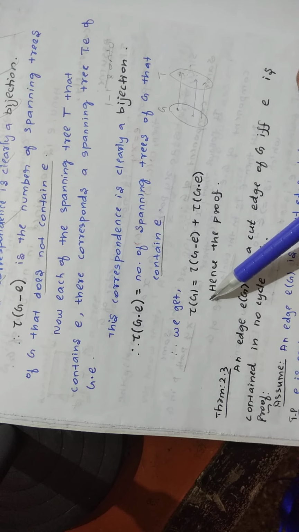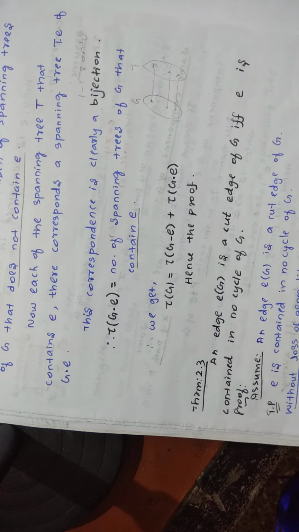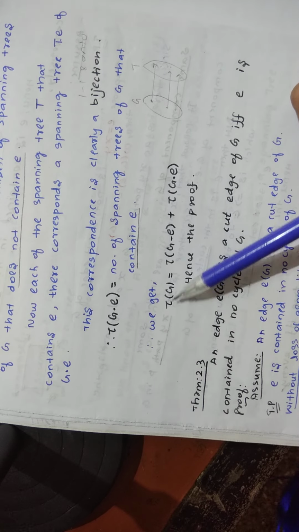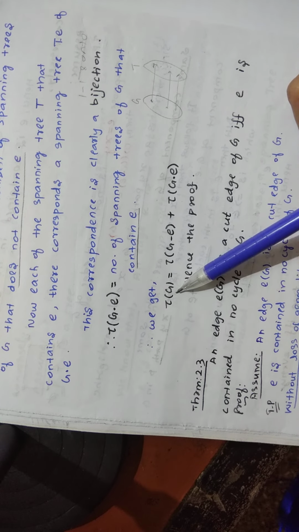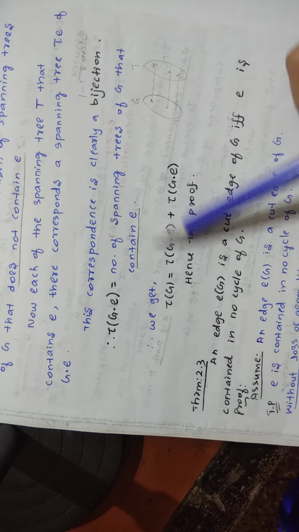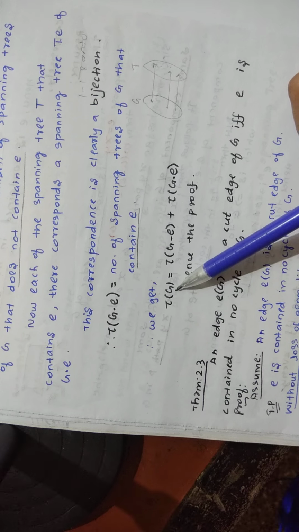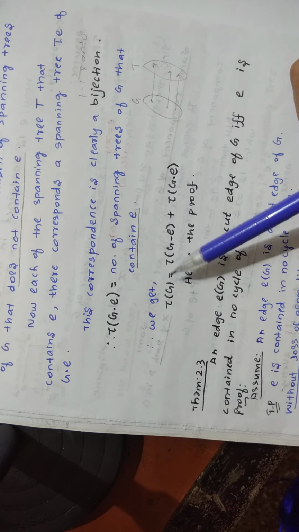Here you have to think about something logically. So here tau of G, right? Imagine the number of spanning trees of this graph G will be equal to, here in this graph you will have that E, right?